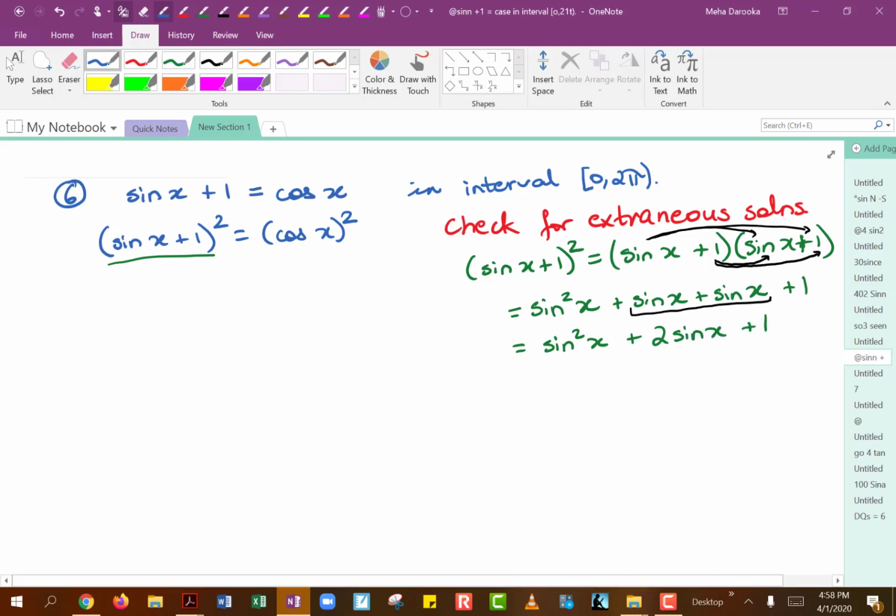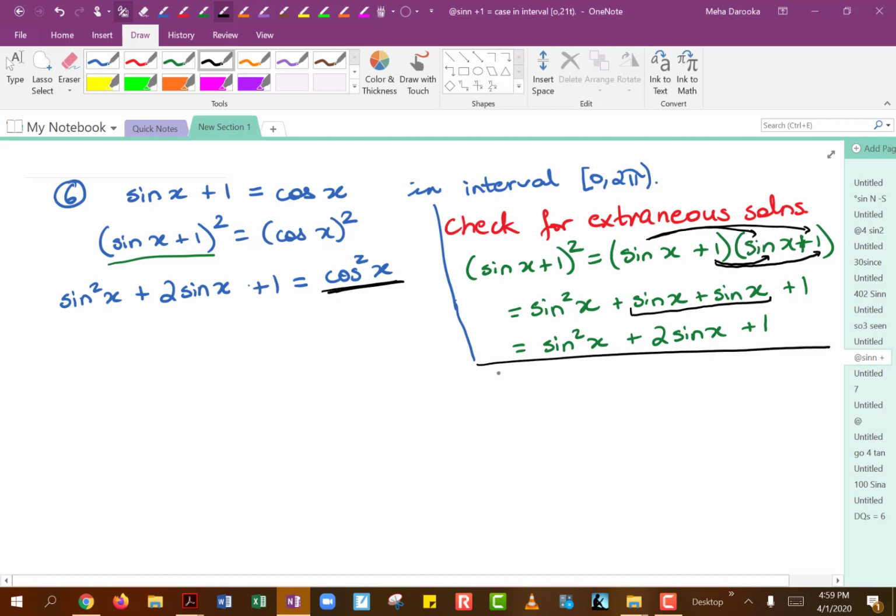And once you have that answer, then we can come back to our original problem. So I'm going to replace my left-hand side with sine squared of x plus 2 times sine of x plus 1. And then of course on the right-hand side we have cosine squared of x. And again, this was just scratch work here. So just like you saw in the previous example, we're going to need to change this with a trig identity.